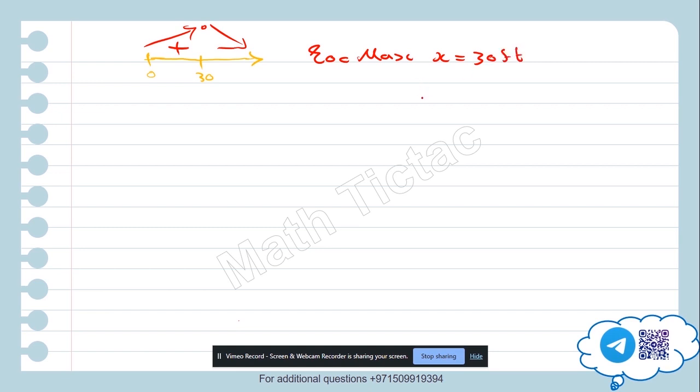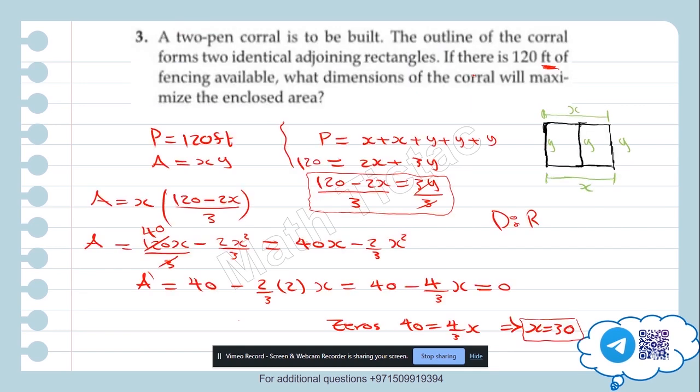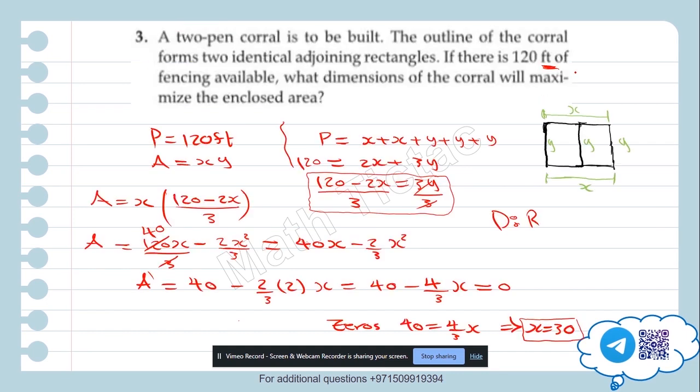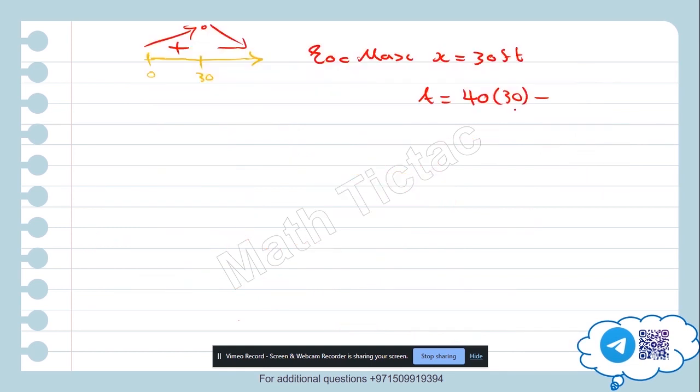So let's find the area. Area is equal to what? I'll go back and see where I can substitute. I'll substitute in this: 40 multiplied by 30 minus 2 over 3 x squared. So 2 over 3 times 30 squared.